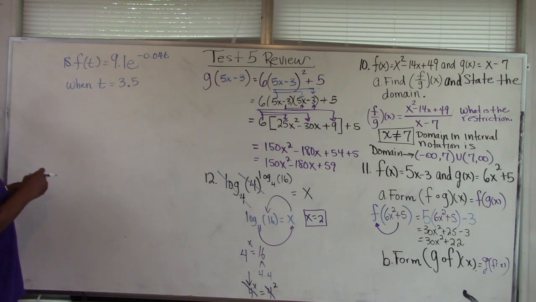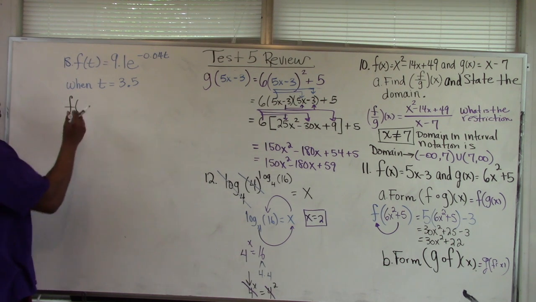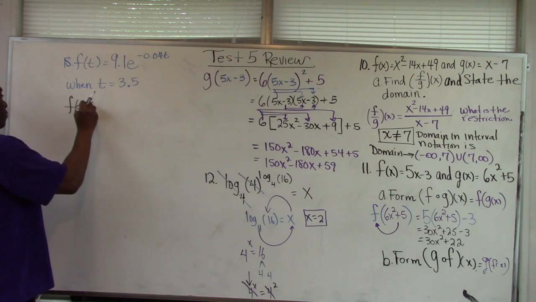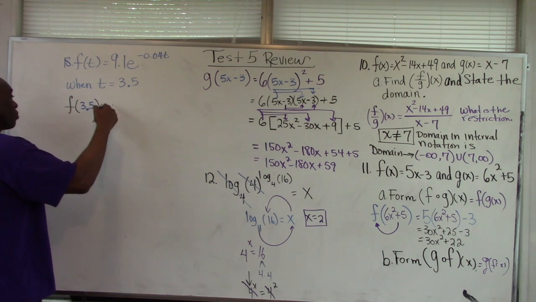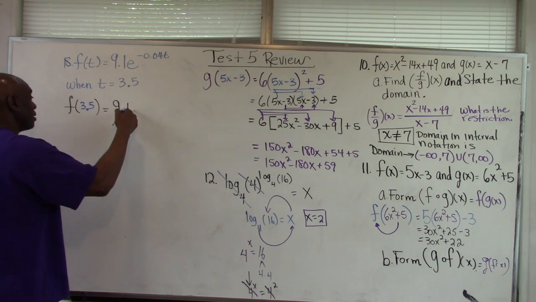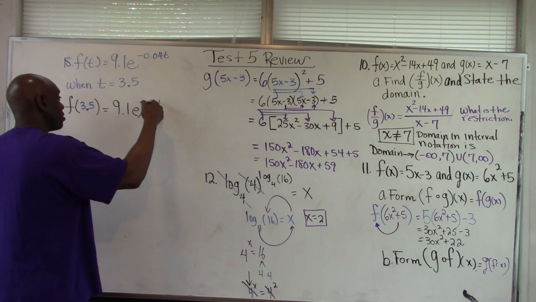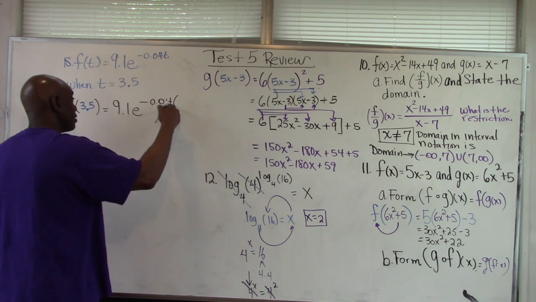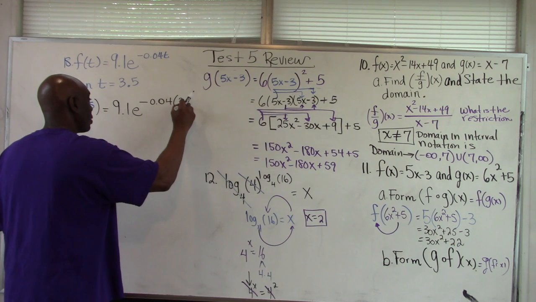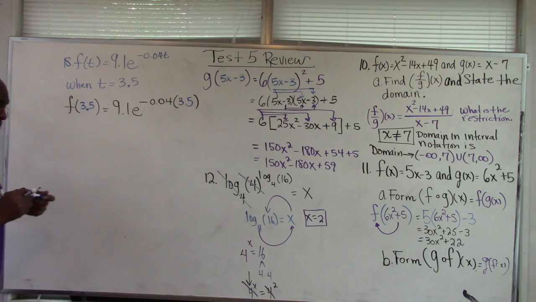Which means then that f of 3.5 is going to equal 9.1 e to the negative 0.04 times 3.5. And there you go.